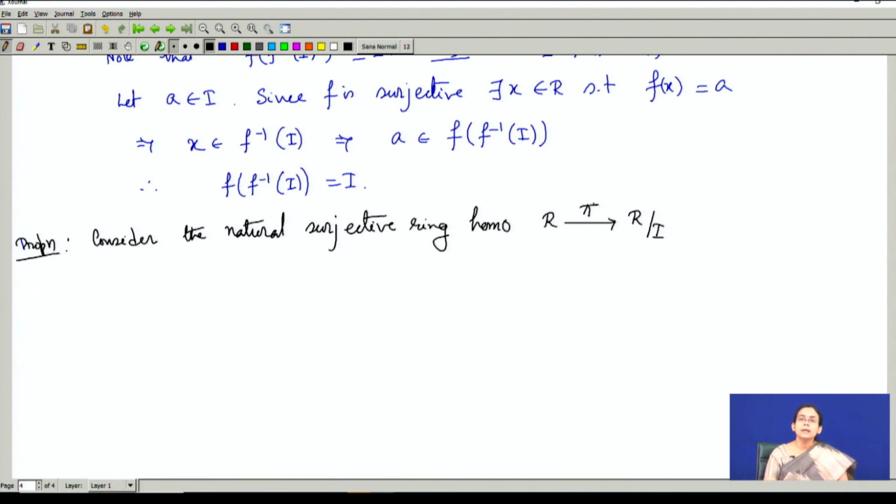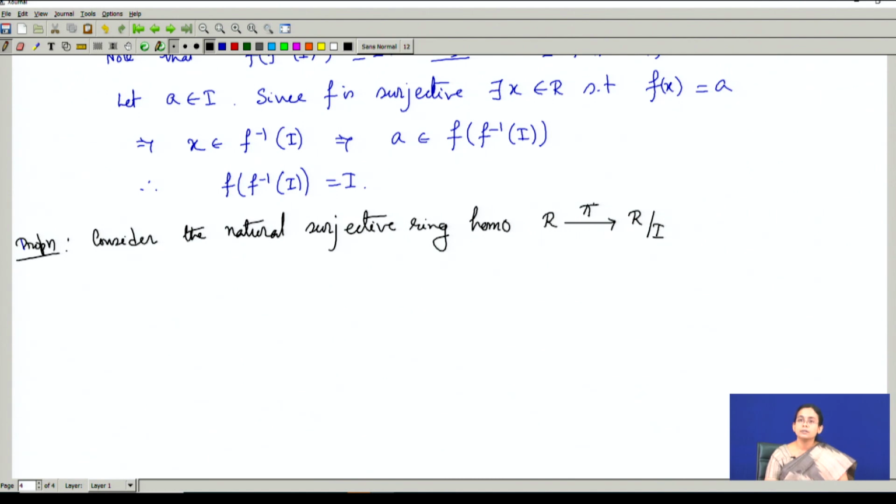Our next aim is to relate the ideals of this quotient ring R quotient I with the ideals of R. We will be using this homomorphism theorem between the two rings. On one side we have the ring R, on the other side we have the quotient ring R quotient I, and we will be trying to relate the ideals between these two rings.